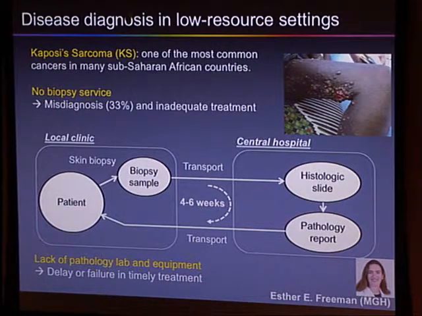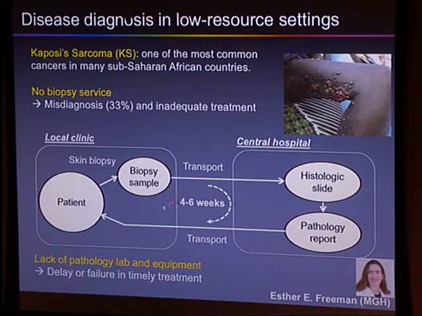Based on one of the studies, that means that many of these patients are inadequately treated, and sometimes the patient dies because of the treatment, not because of the disease. So that's a huge problem there. My friend and collaborator Esther Freeman at Massachusetts General Hospital and her team started this biopsy service in Uganda, Kenya, and other African countries.